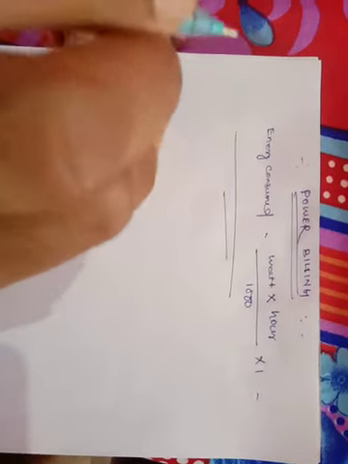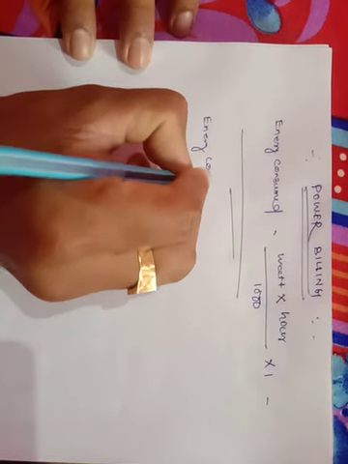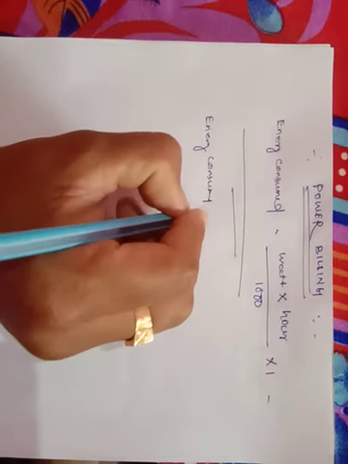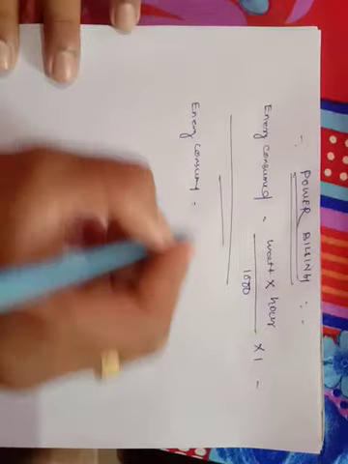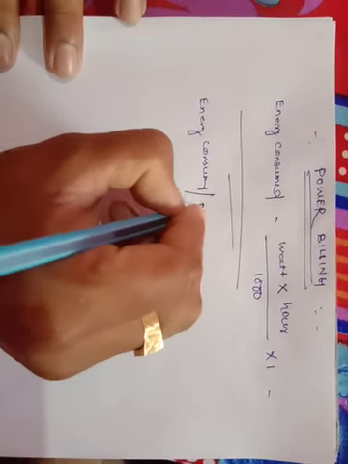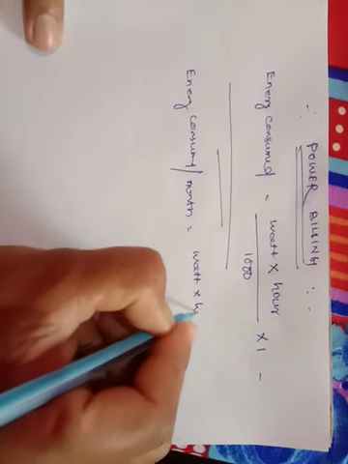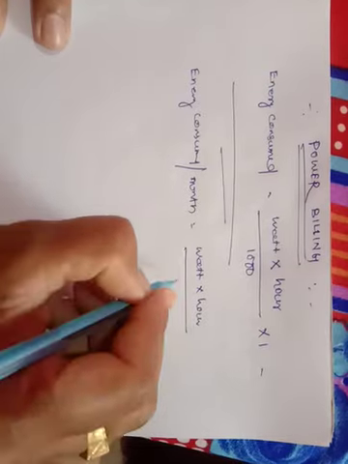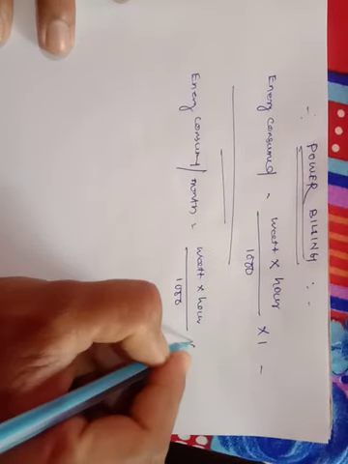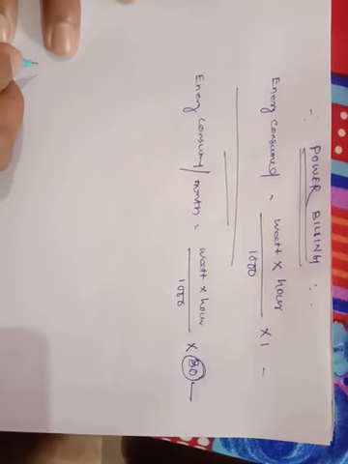If you are taking per month, energy consumed for the month equals watt into hour divided by 1000 into 30.